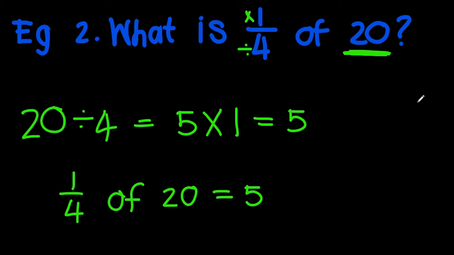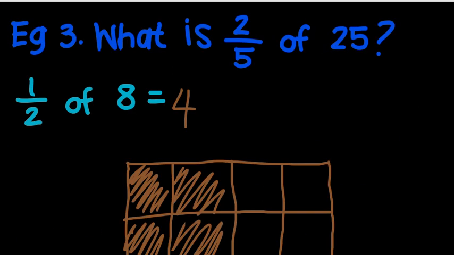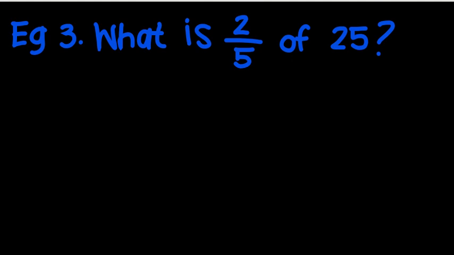What I suggest, try pause the video, give it a go yourself, and then you can check the answer once you're finished. So let's have a look at this example. As I said, pause it for a second, give it a try. Okay, so exactly the same method. We said fractions of amounts, always this method.